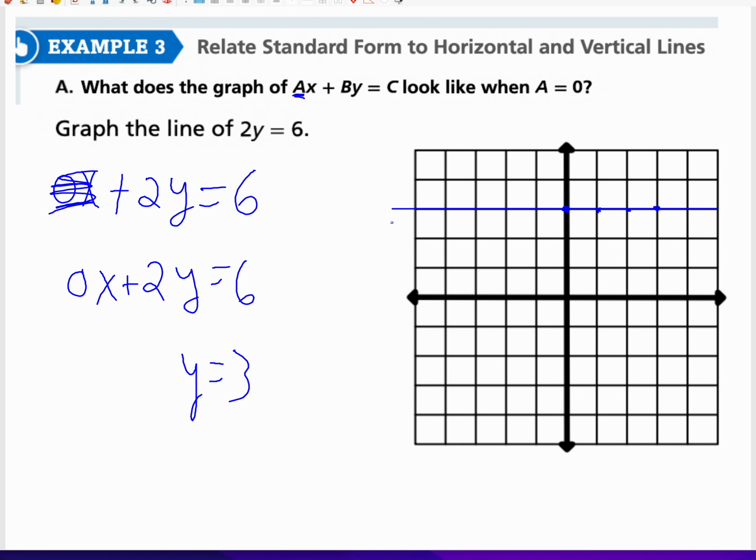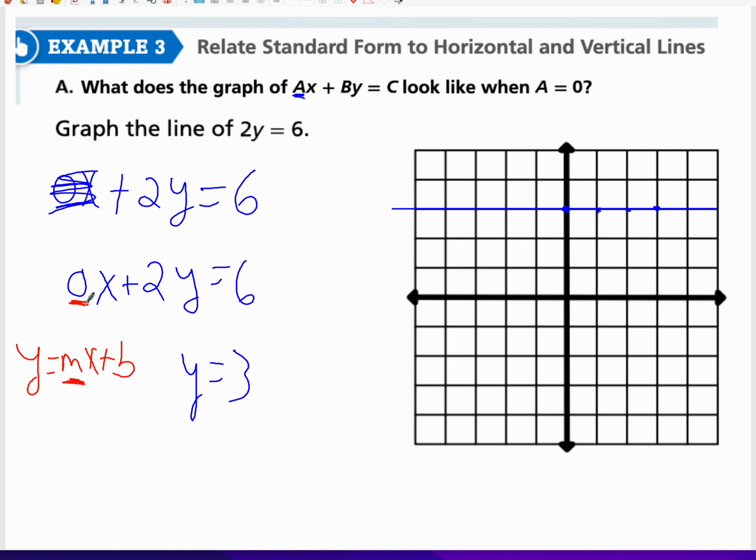So, listen, this y equals 3 is a slope-intercept equation, right? Slope-intercept is y equals mx plus b. What did we say the slope was? 0. So if I put a 0 in for the slope, what's that do to the x?